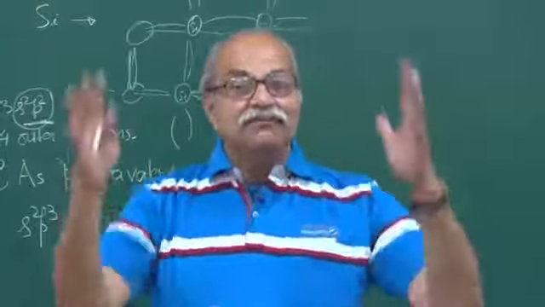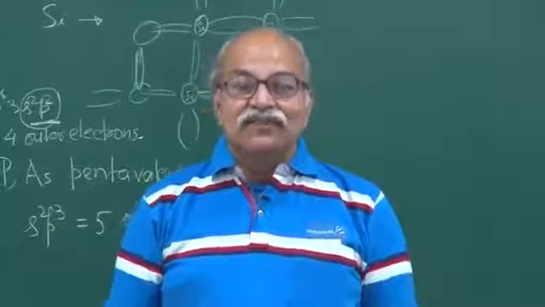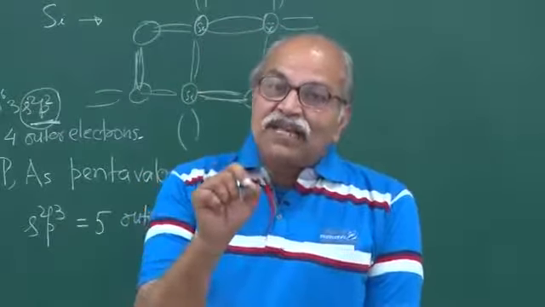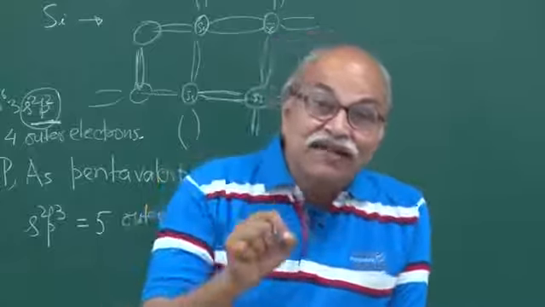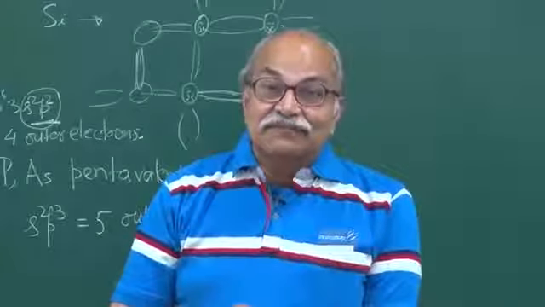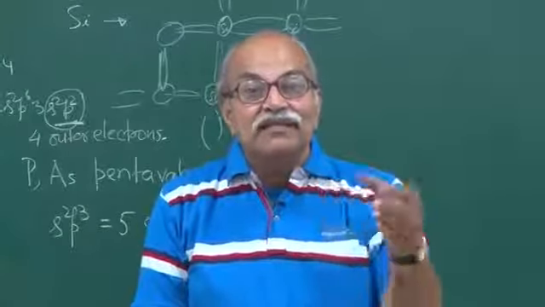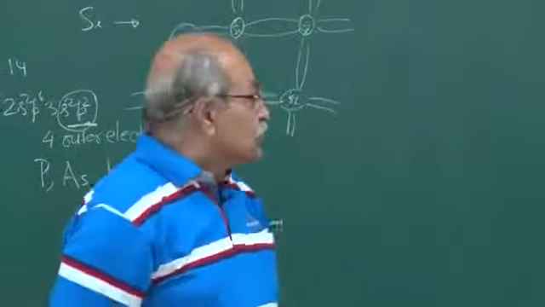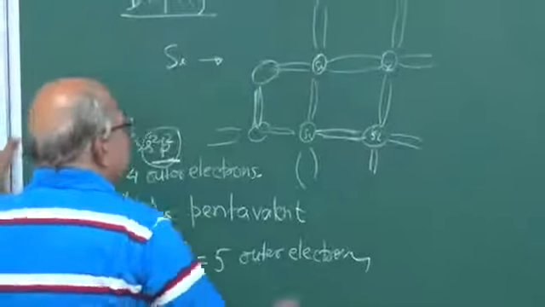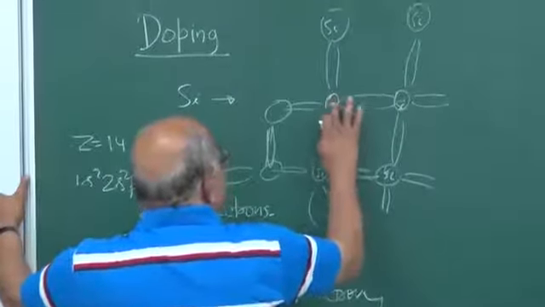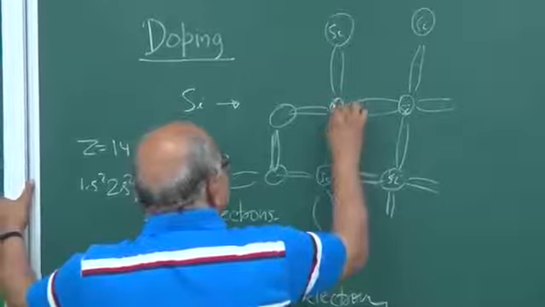We have that same structure of silicon, and some of the silicon atoms are replaced by these arsenic atoms. So that is known as doping. We have doped arsenic into silicon. So suppose a particular silicon is now replaced by arsenic.